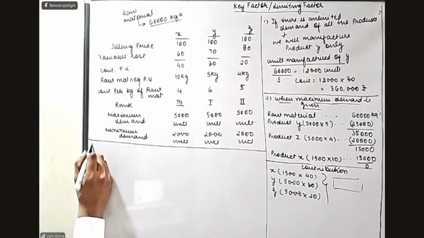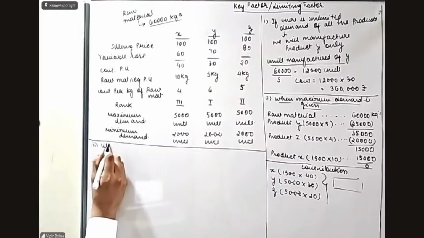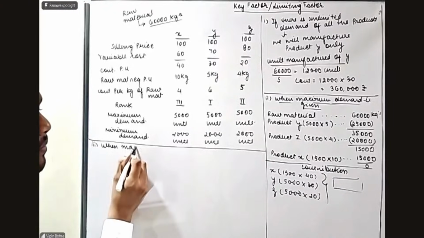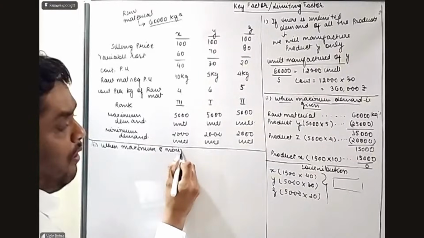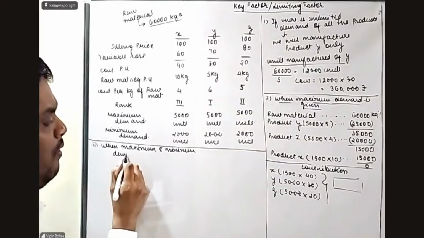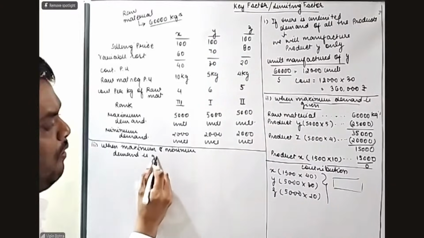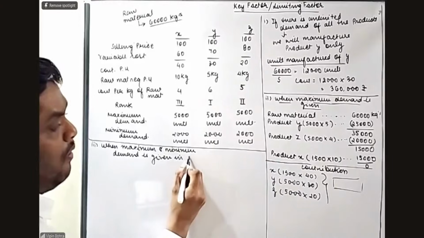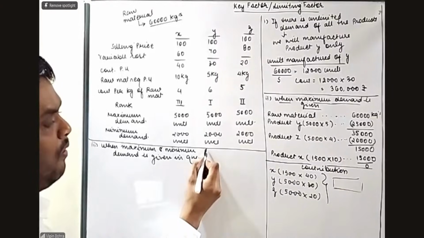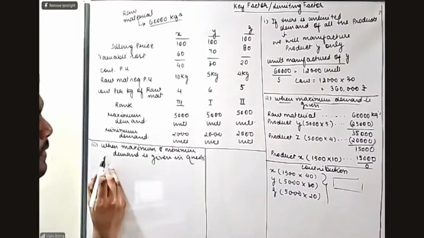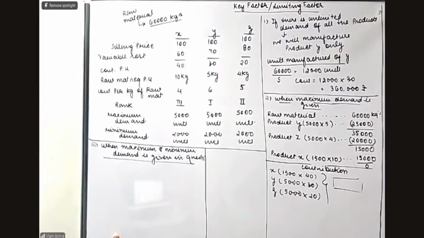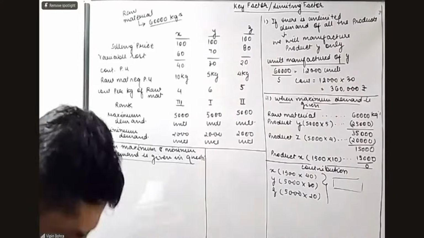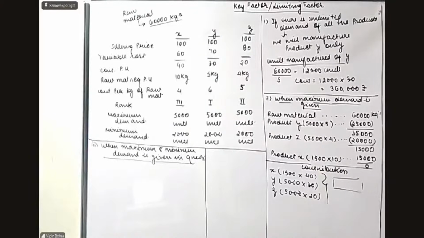The third situation, when maximum and minimum demand are both given. Very simple, guys. Since we have to manufacture this much units of every product, we will first fulfill the minimum demand.